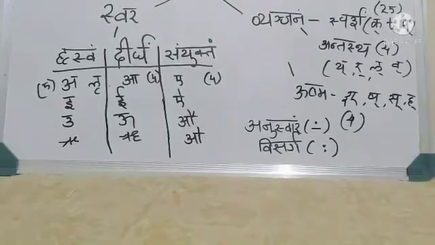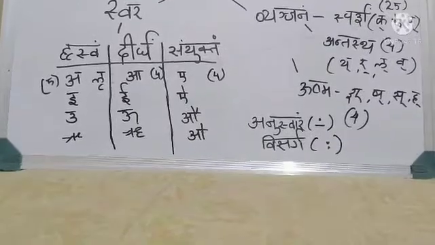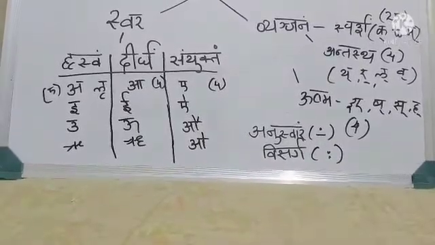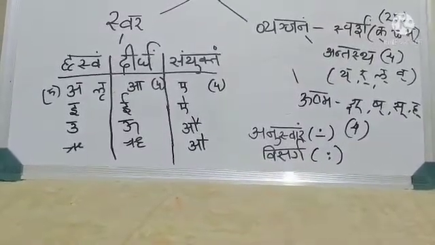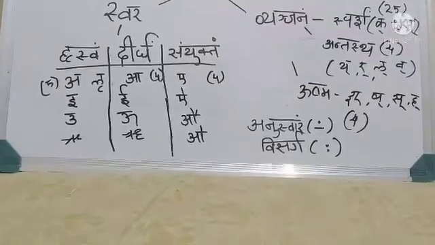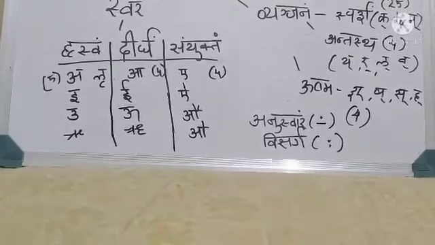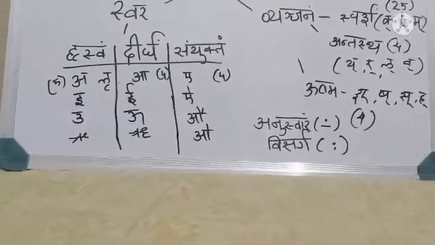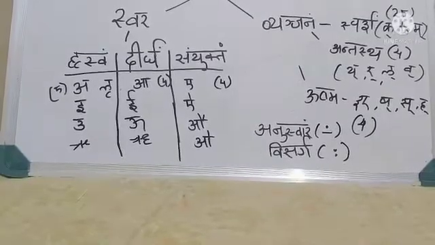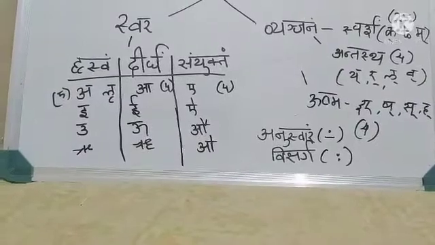We let out some air when Ushma is pronounced. When you pronounce sh, some air passes out from our mouth. Then s. That's why it is called Ushma.